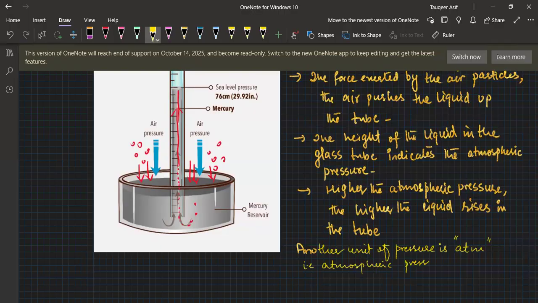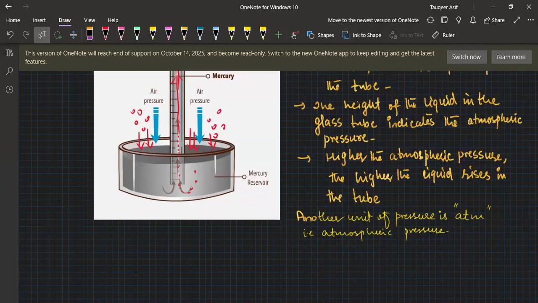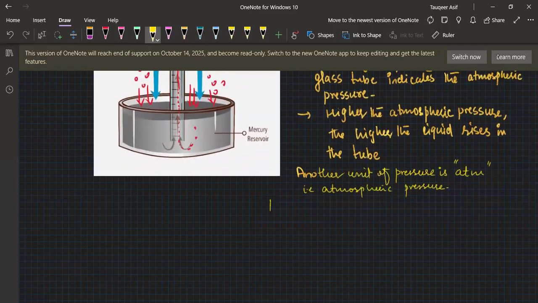Okay. So if I want to convert 1 ATM into Pascal, or Newton per meter square, how will I be able to convert? 1 ATM is going to be equal to how much Pascal?